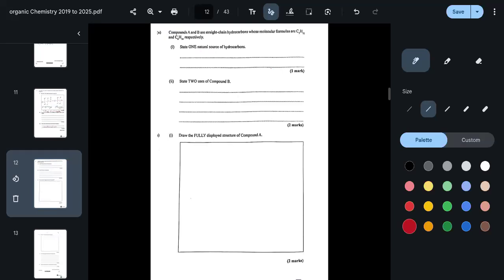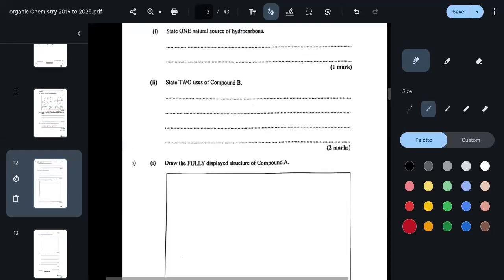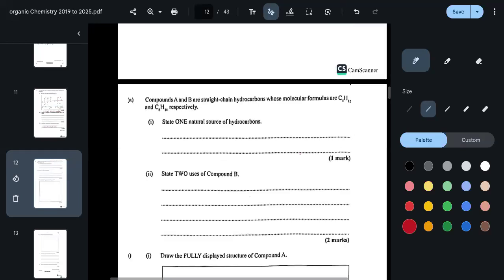Right. All right, compound B. Let me zoom in a bit. Compound B is C6H14. So is it an alkane or alkene? Alkane.